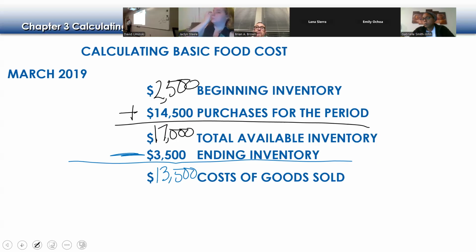Why might we use more ingredients in March than in February? A special event. Spring break happens in March, it doesn't happen in February.